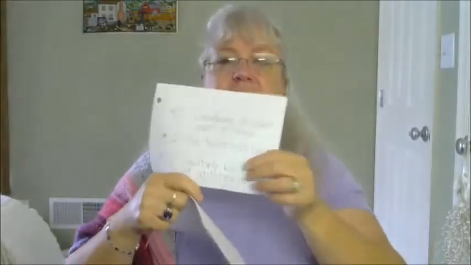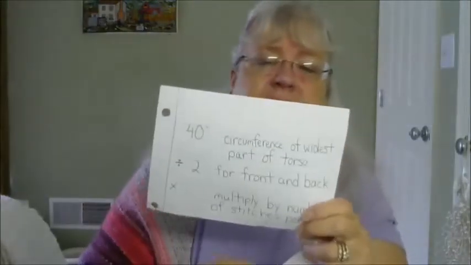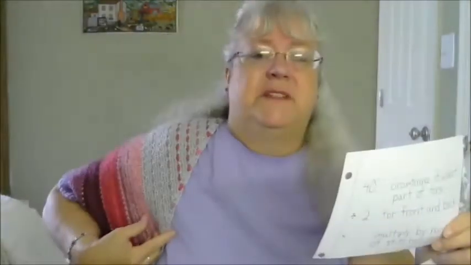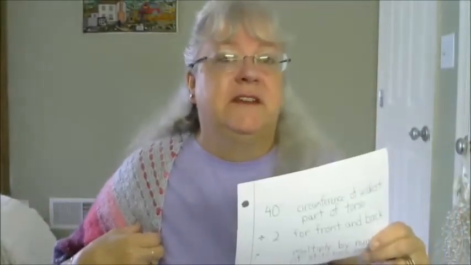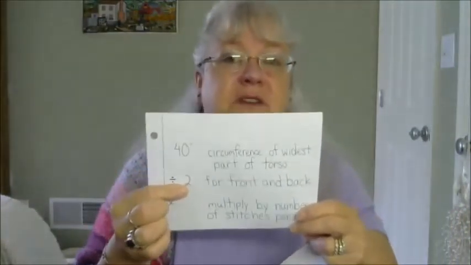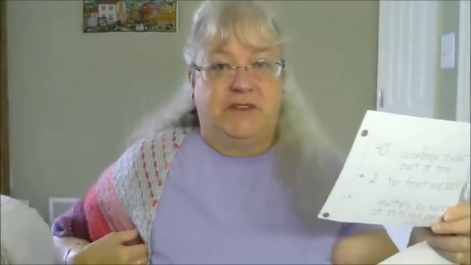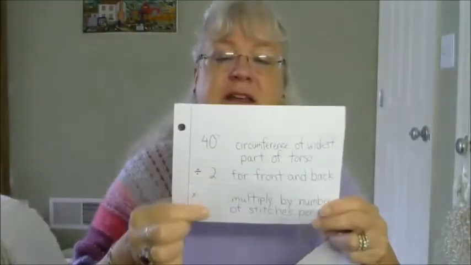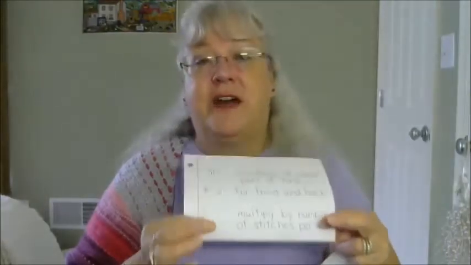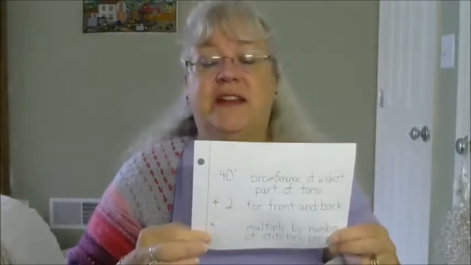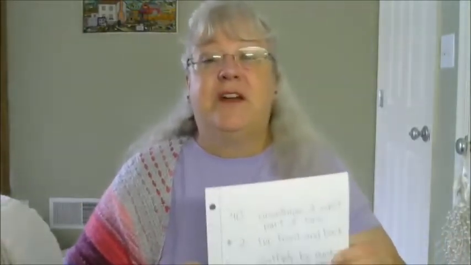Like we said, if we're using this formula, and you have determined that your sleeve circumference is 20 inches, you're going to divide it by 2, so you know it's going to be a 10-inch allowance on the front, 10-inch allowance on the back, and again, say you had 5 stitches per inch, you know that's going to be 50 stitches to do the front, 50 stitches to do the back, and you want it to be over a 10-inch area.